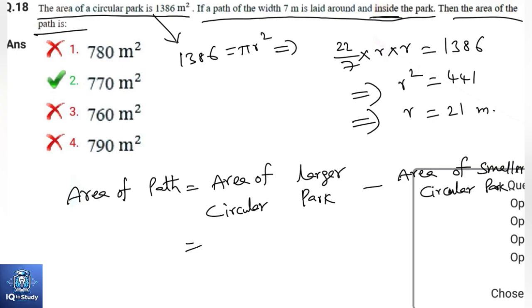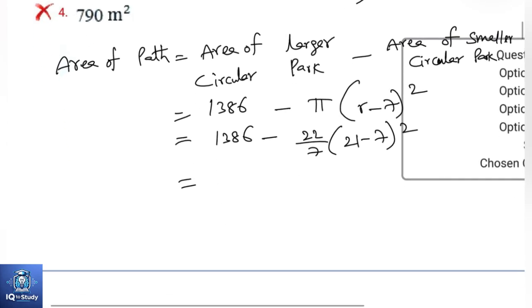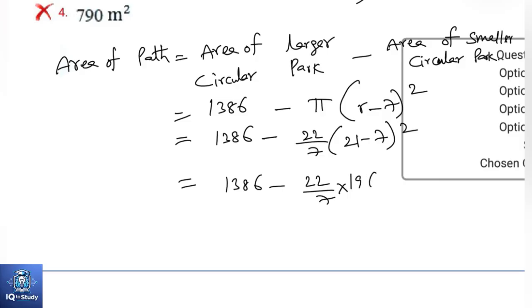Which is equal to 1386 minus, here the area of smaller circular park can be written as pi into r minus 7 whole square, because a path of width 7 meters is laid around it, which is equal to 1386 minus 22 by 7 into, we know that r value is 21, minus 7 whole square, that is equal to 1386 minus 22 by 7 into 196, which is equal to 770 square meters.